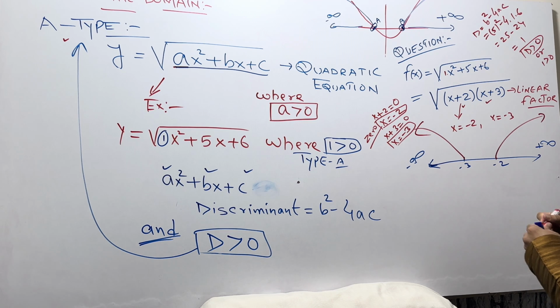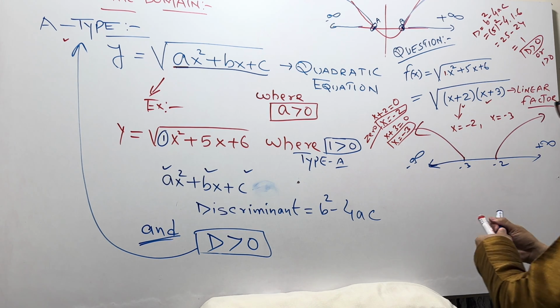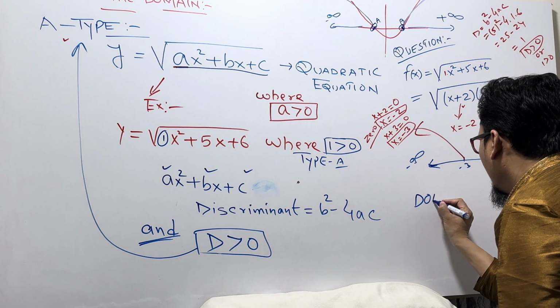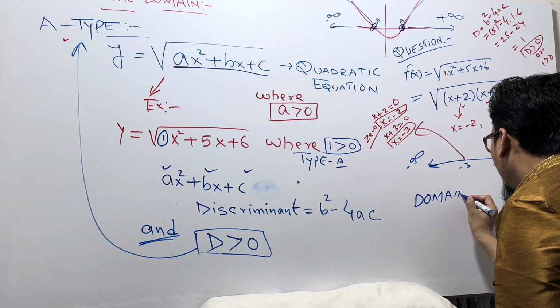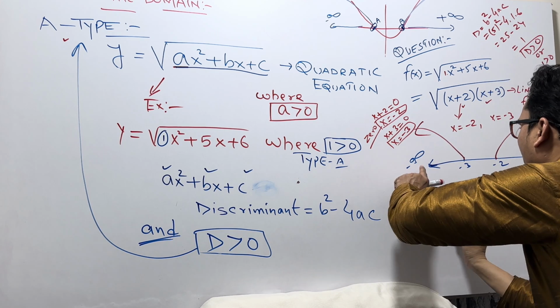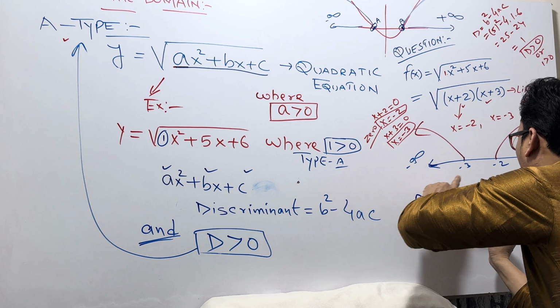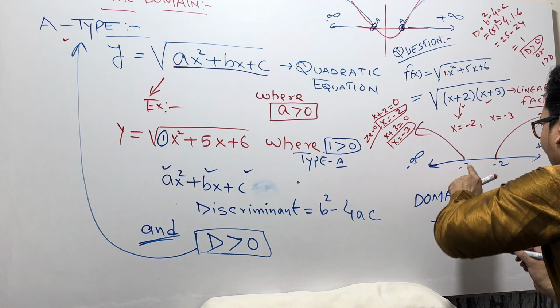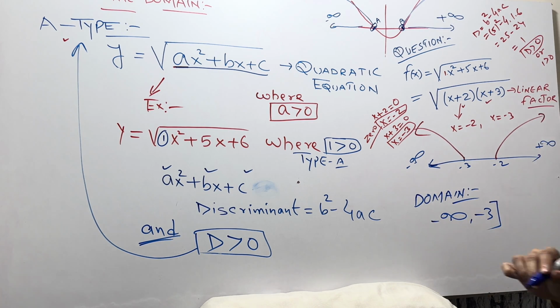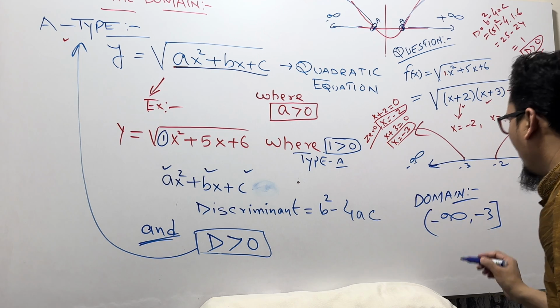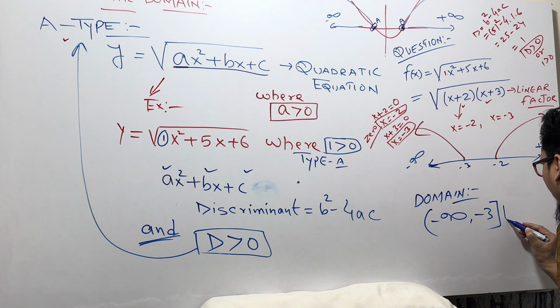So you can say the domain here is minus infinity to minus 3. Remember, for minus 3 use the closed bracket, and for infinity you have the open bracket. This is a union.